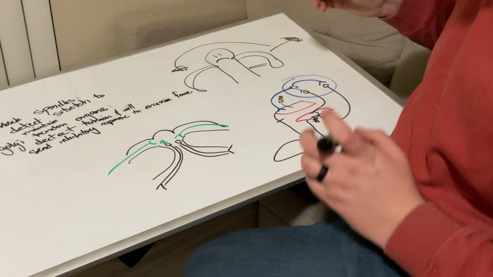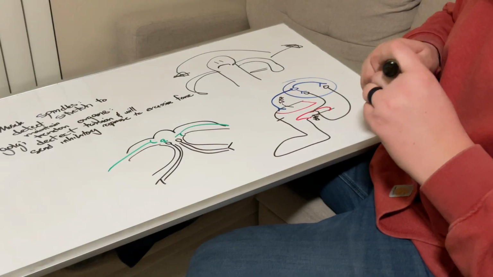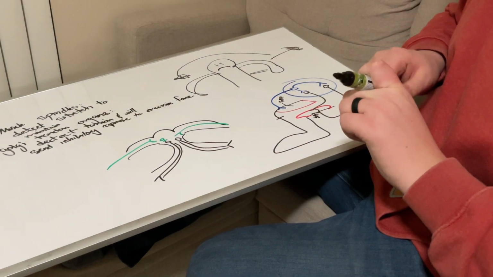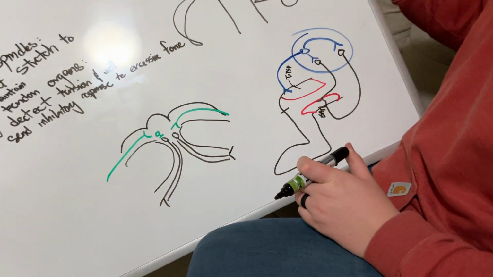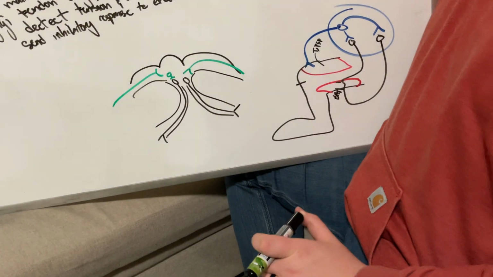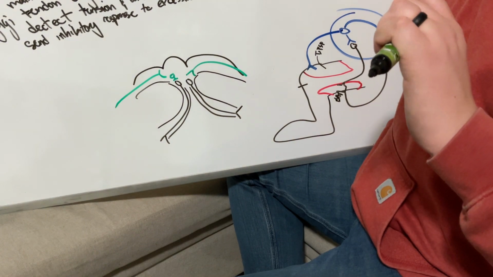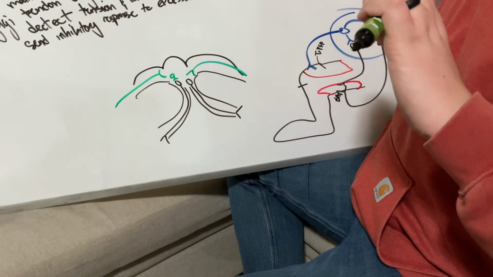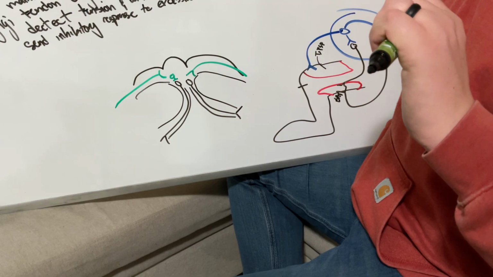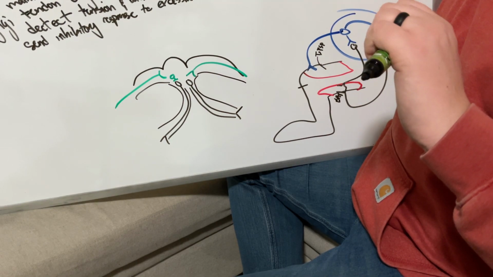So a painful stimulus will trigger an ipsilateral flexor activation and contralateral extensor activation for withdrawal. That's a fancy way of saying what we were saying earlier. So we stab: ipsilateral flexor activation, contralateral extensor.